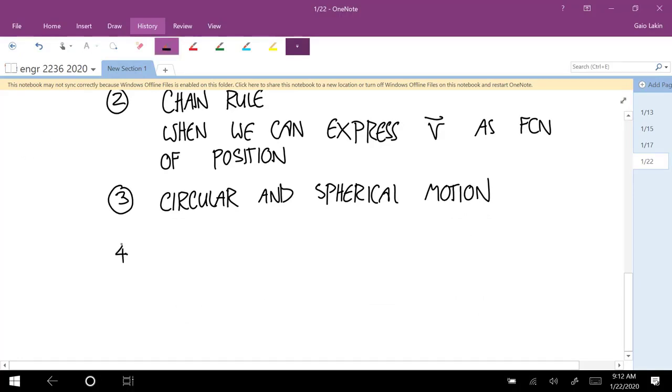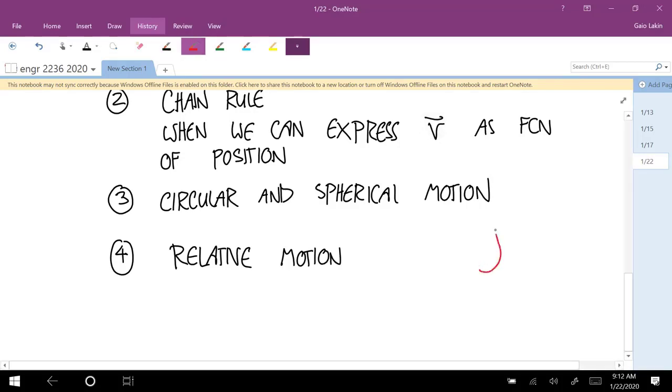And then the last one is relative motion. We'll see that this works really naturally with circular and spherical motion. And these two together are very useful for linkages, which is collections of rigid bodies connected by joints.